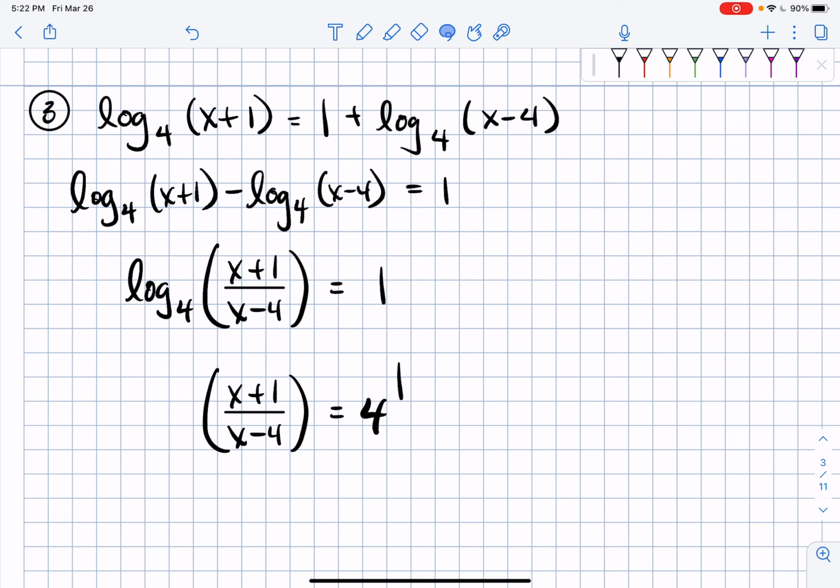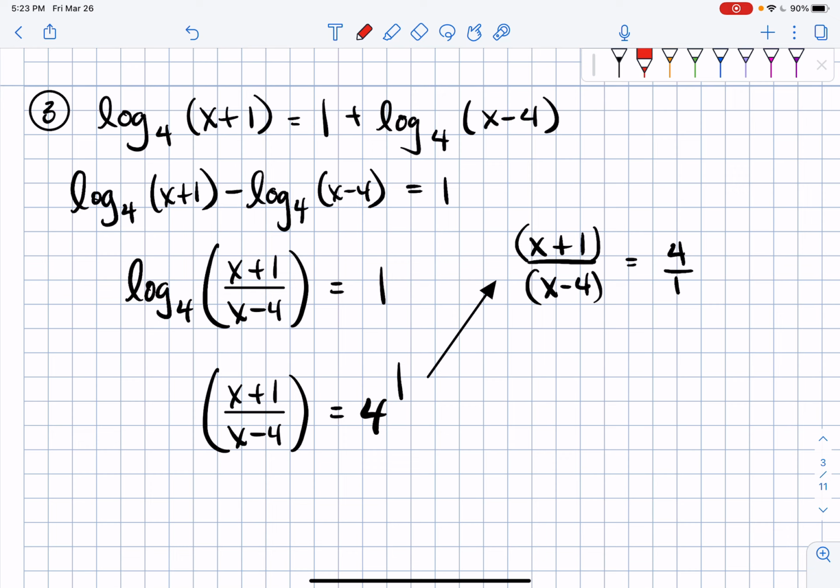How cool is that? All right, so let's see what we got here. I have x plus 1 over x minus 4 equal to 4 to the first power, which is just 4, actually 4 over 1.